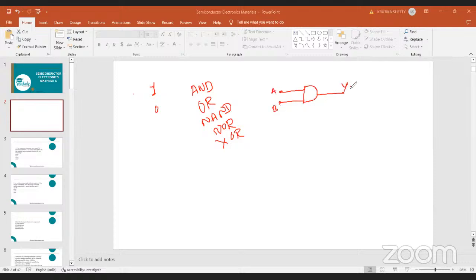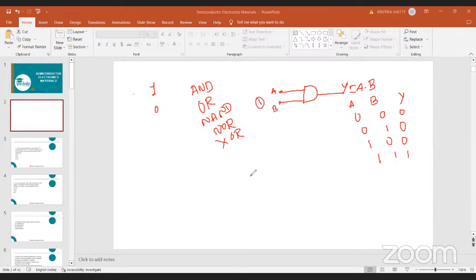The output Y is represented as Y is equal to A dot B. So this is the Boolean expression: Y is equal to A dot B. Now the truth table for this AND gate, with the values of A, B and Y: here 0, 0, Y will be 0. 0, 1, Y will be 0. Then 1, 0, again it is 0. If both the values are high, the output will be high. This is for the AND gate.